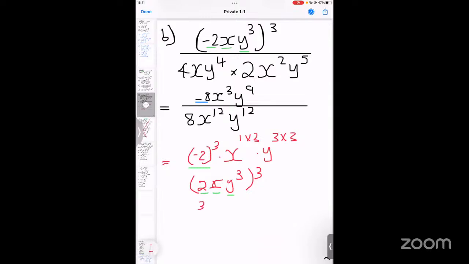You can just say 2 to the 3, x 1 times 3, y 3 times 3. So the reason why that one you put inside the brackets alone is because it has a negative. If it doesn't, no need to put it inside the brackets, because the main aim in your first step is to remove the brackets. So that's why you can't still have the brackets there.